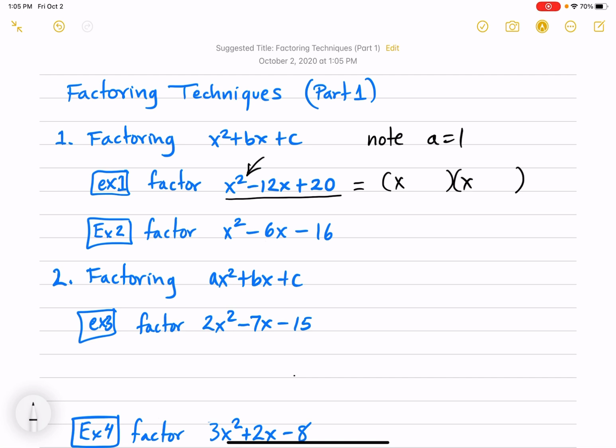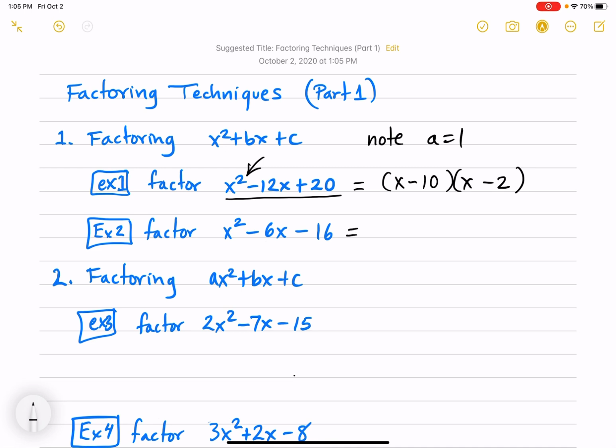And we need to think about two numbers that multiply to 20 and add up to negative 12. Negative 10 times negative 2 makes positive 20, and negative 10 and negative 2 makes negative 12. So this will be the correct factorization for x squared minus 12x plus 20.